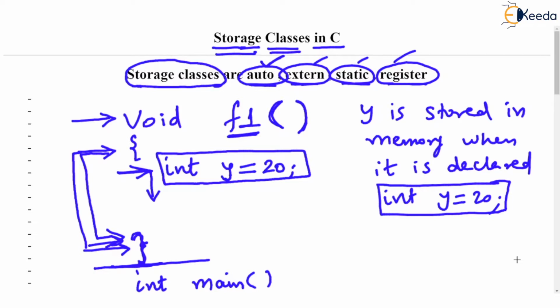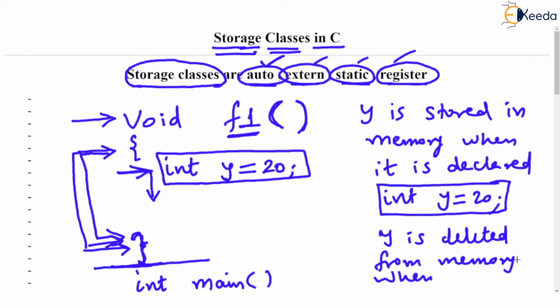But we say y is deleted. This variable is deleted from memory when the scope ends. When the scope in which it is declared, that is curly brace open, curly brace close, within which this y was declared, reaches the curly brace close, this y will be deleted from RAM, from the internal memory.